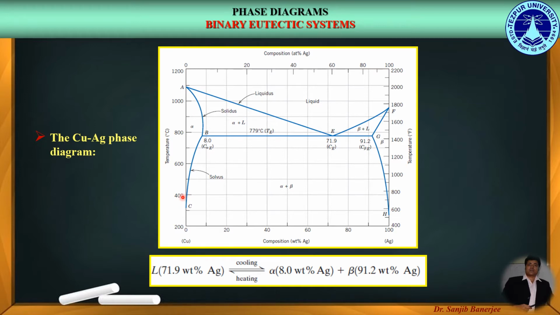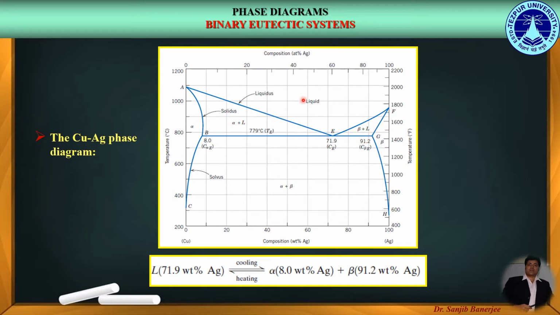Now, in between the alpha and the liquid phase, we get the liquid plus alpha phase. In between the liquid and beta phases, we get the beta plus liquid phase.